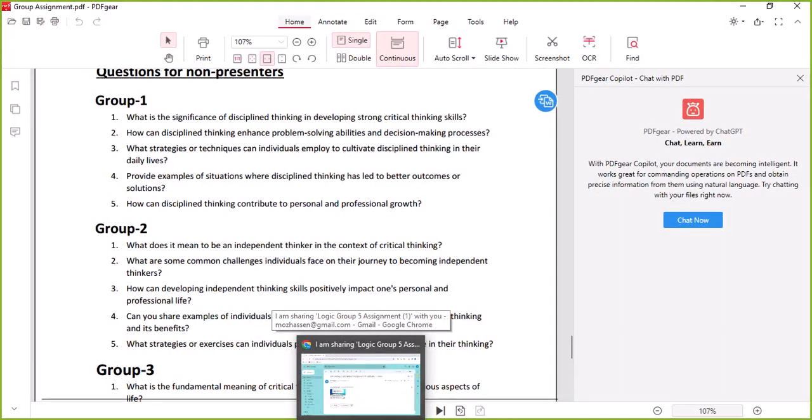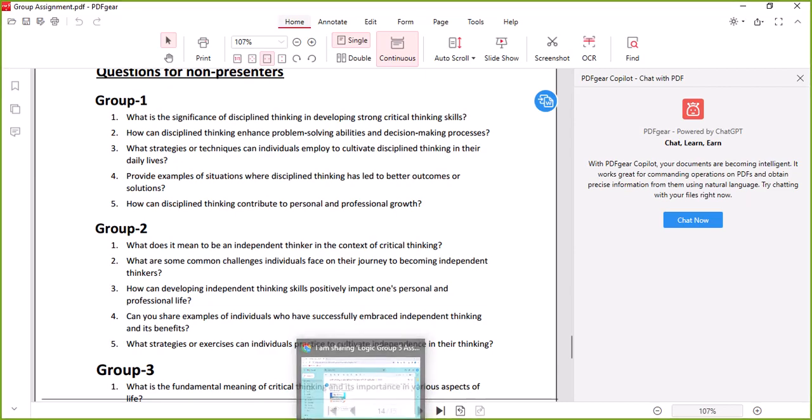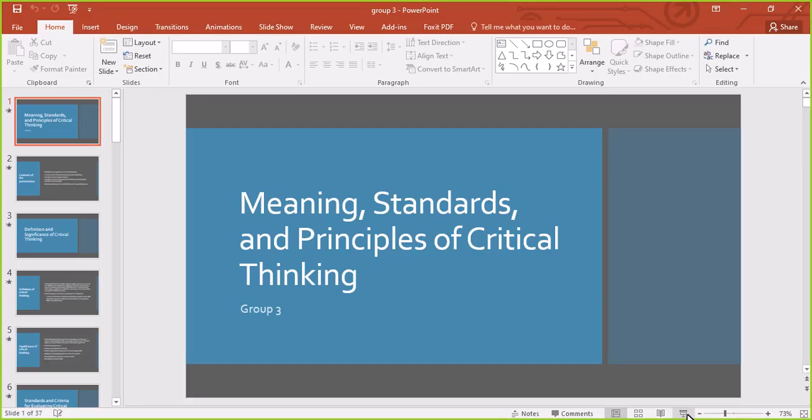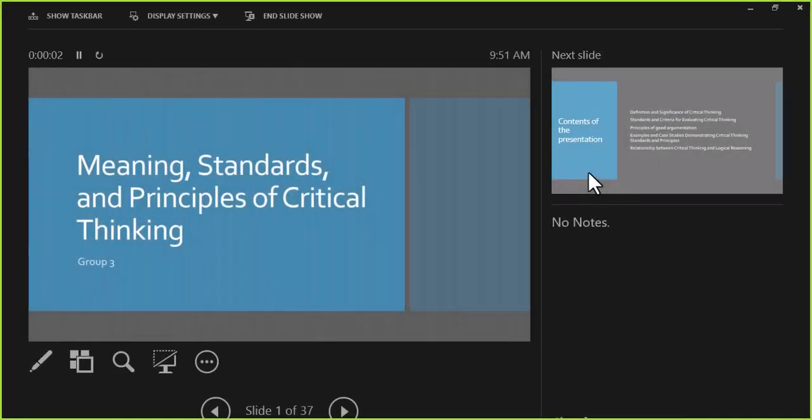Group 3 shifts. Group 3, you can come. Group 3, presenter.